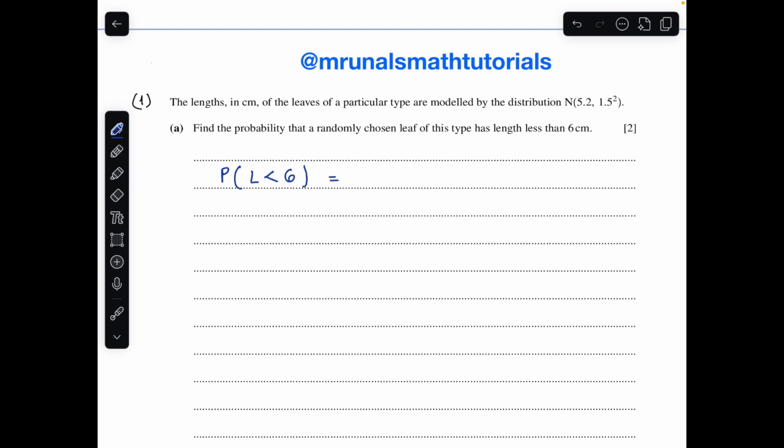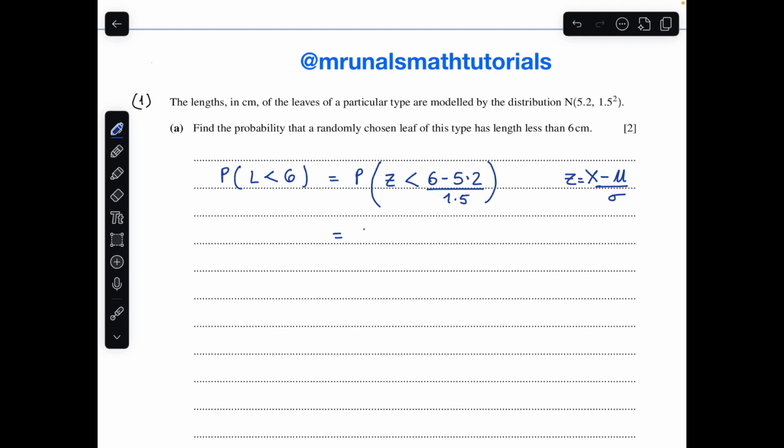So first step is to standardize by using the formula z is equal to x minus mean over standard deviation. So the probability would be z less than x over here. In this case your x is 6, the mean is 5.2 and the standard deviation is 1.5. So let's substitute that. It's going to be 6 minus 5.2 divided by 1.5.